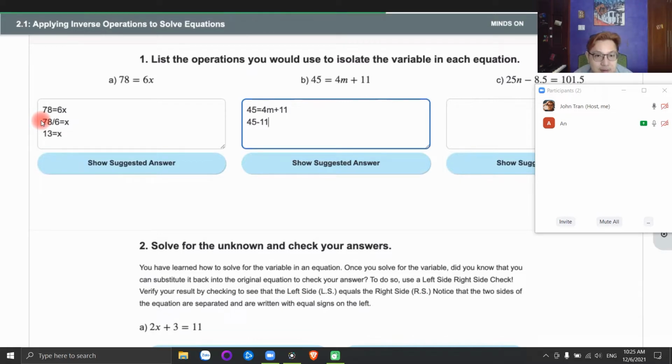Subtract. Yes. So it's equal to... Perfect. 25 minus 11 is 34. And then you move the 4 to the left, so it's 34 divided by 4.